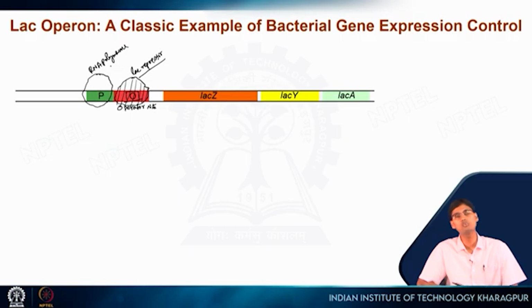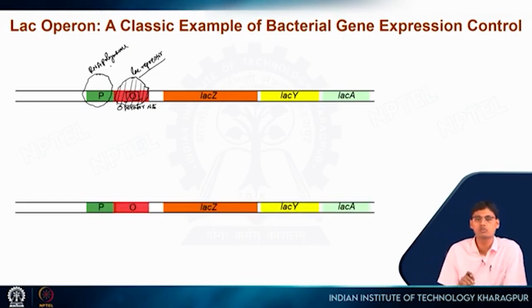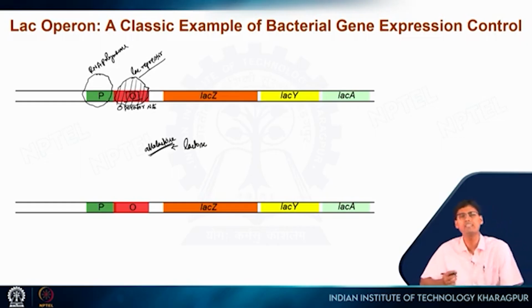But now if lactose is present, what will happen? If lactose is present, an isomer called allolactose will be there inside the cell in a very, very low amount. It is just an isomer of lactose.